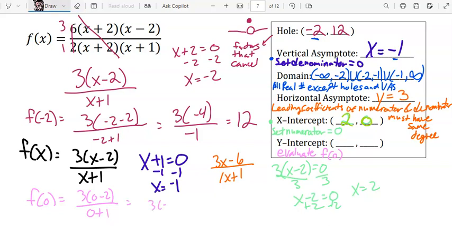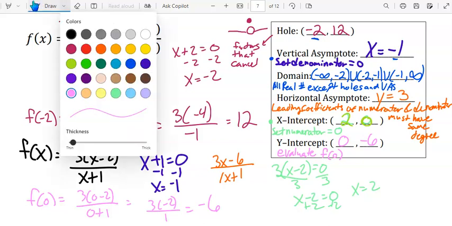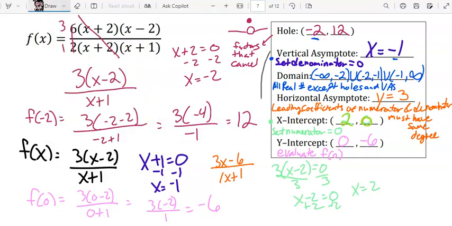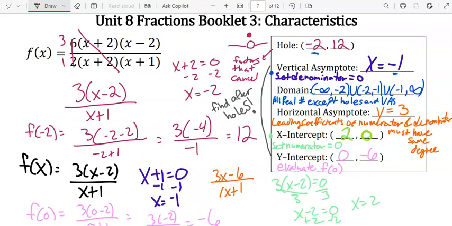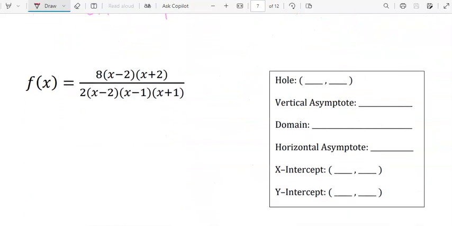So then we get 3 times negative 2 over 1. It's negative 6. Again, you need to find all of these after the holes. Alright, let's go to the next one.